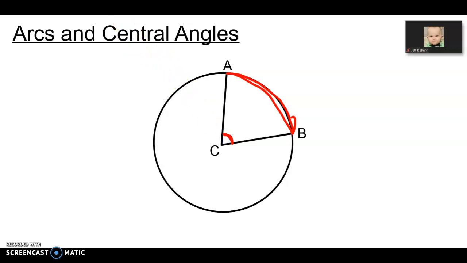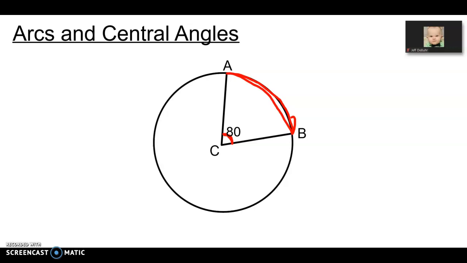So like I said, the homework of this is going to be extremely simple. If we say this is an 80-degree angle, and I'm not going to put the degree mark just to save us a little bit of time. If this is an 80-degree angle, this out here, arc AB, would have a measure of 80 degrees.